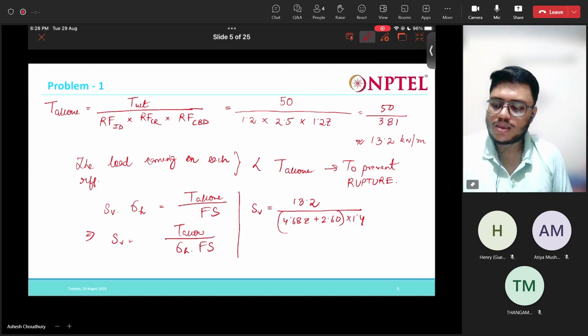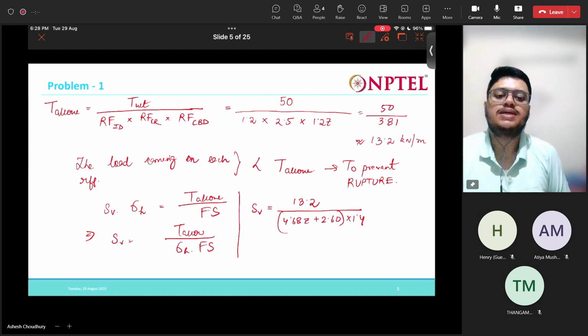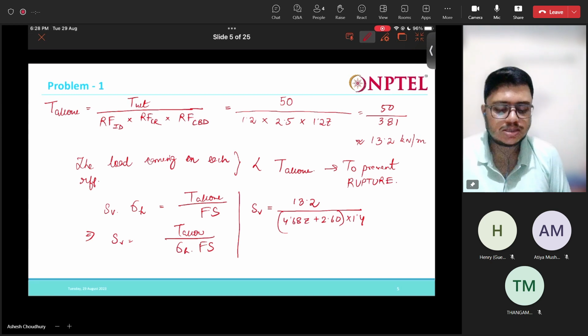Now see, as z, that is the depth, increases, we need to provide lesser spacing, because that is quite intuitive, right? We had seen that earlier also, that if the depth increases, obviously we need to reduce the spacing. And why do you need to reduce the spacing? Here is the reason.